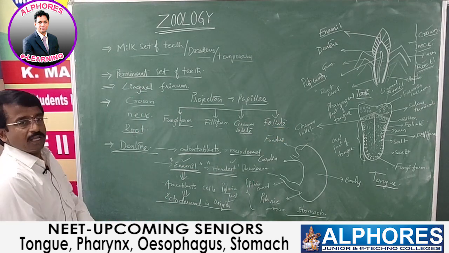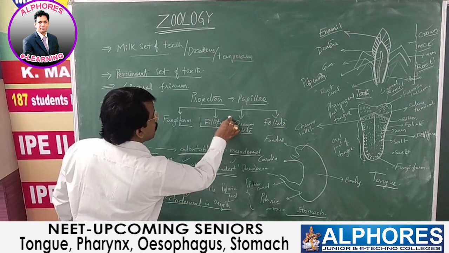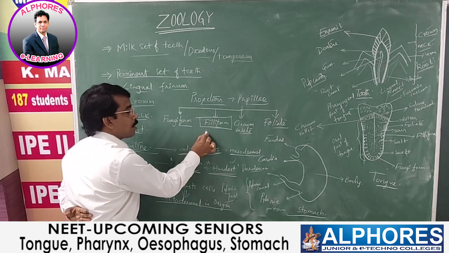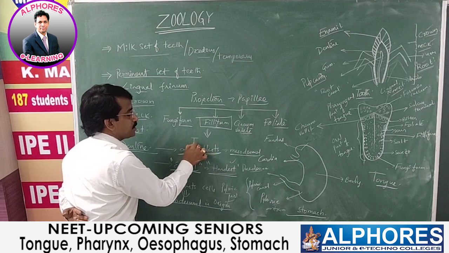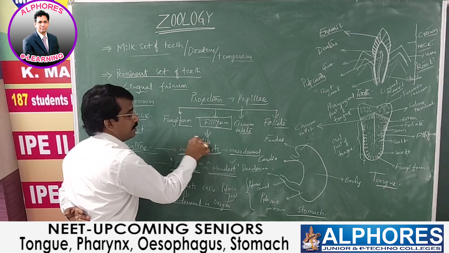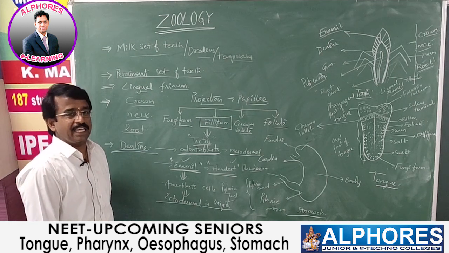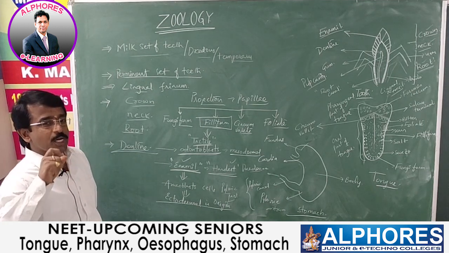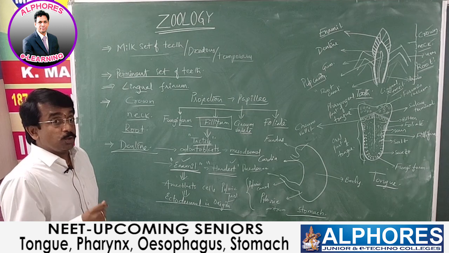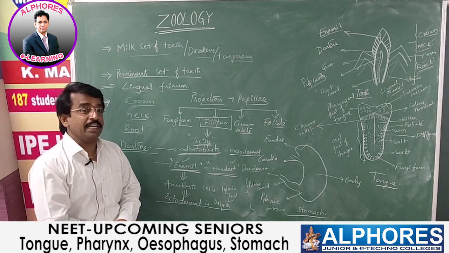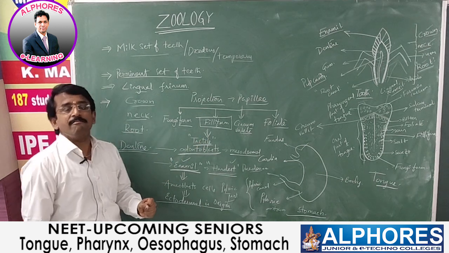In this connection, the filiform are the smallest and the most numerous. These are tactile in function, which is one of the important points. Tactile means touch. Do we get the sense of touch when we touch the tongue? Definitely. That is because of the filiform.